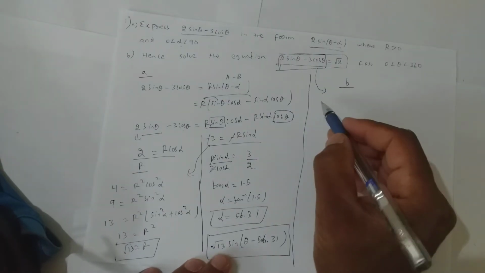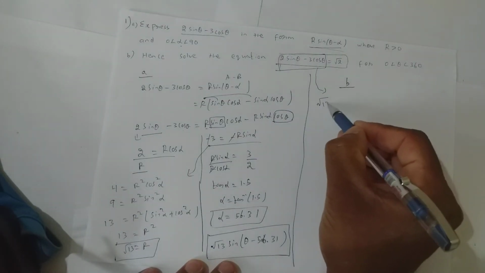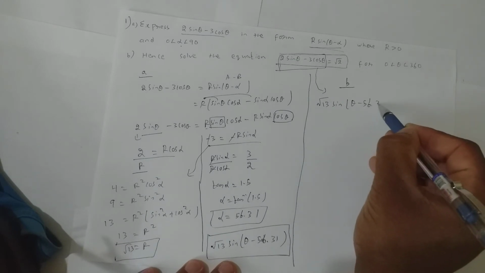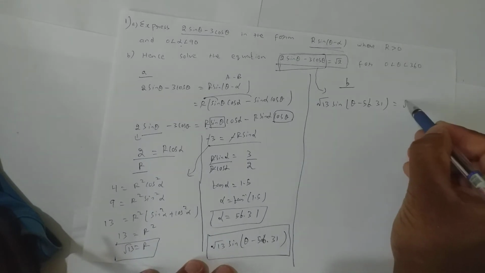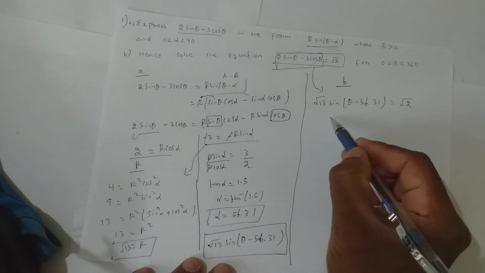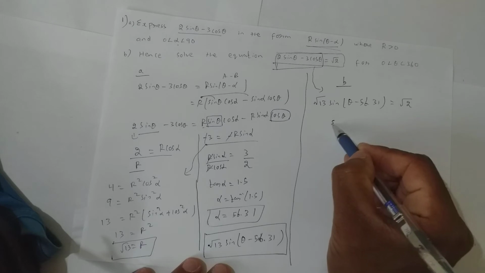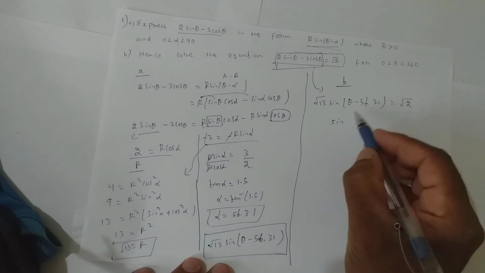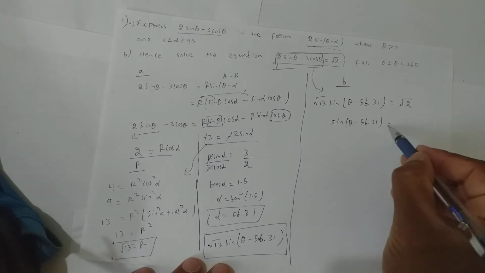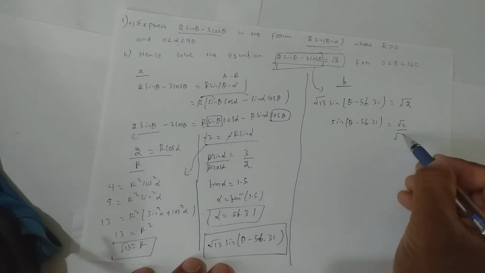I can write root 13 sin(theta minus 56.31), which is nothing but root 2. Right? So I send root 13 to the other side. So what do I get? Sin(theta minus 56.31) equals root 2 by root 13.